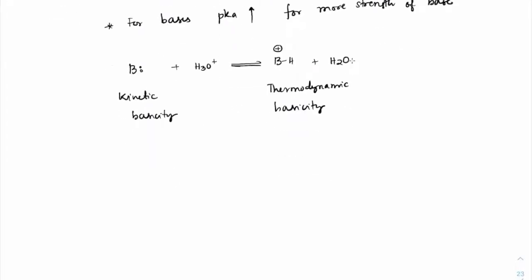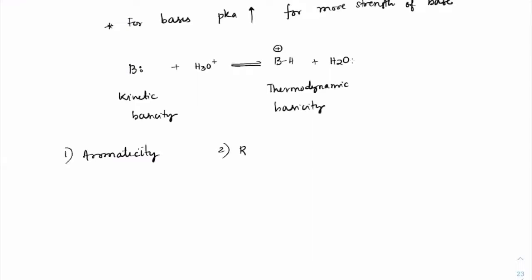Now, what are all the terms we should search for when you are looking for kinetic basicity? Which means lone pair availability. Which one will have more lone pair available or not? For that, first we will check all these cases one by one. First, aromaticity. If the lone pair is involved in an aromatic ring, it won't be available, so it will be less basic.